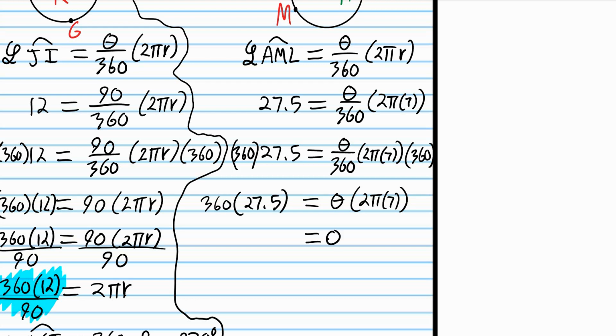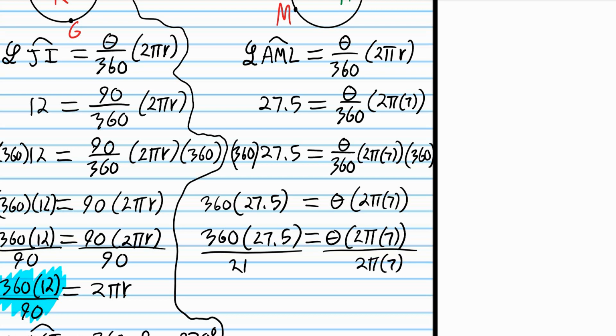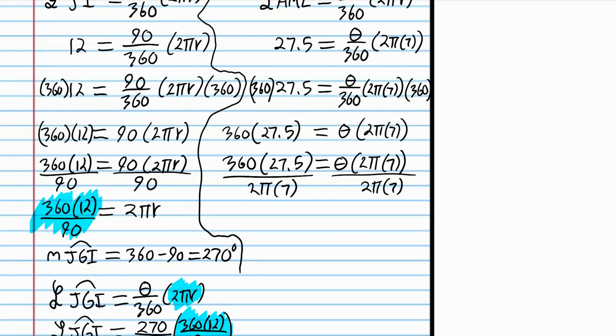And then, of course, we can rewrite that just to show the steps that we're doing. And divide both sides by 2 pi times 7. And we get theta is equal to 360 times 27.5 over 2 pi times 7.